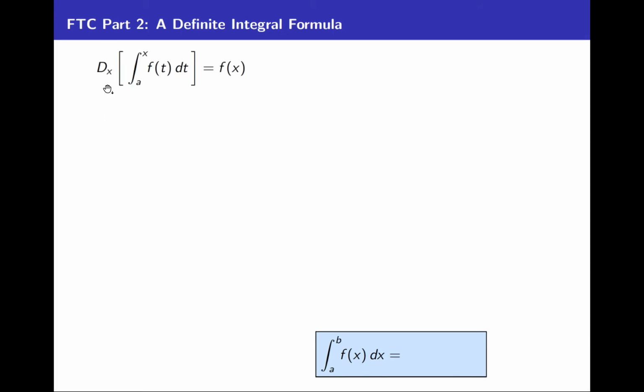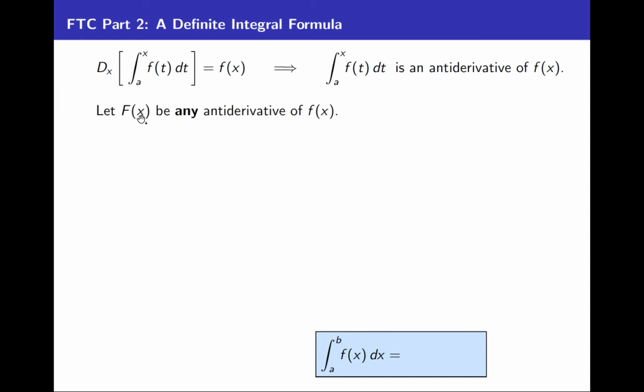To get it, we're going to start with the Fundamental Theorem of Calculus Part 1, which states that the derivative of the integral from a to x of f of t dt equals f of x. In particular, that means this integral is an antiderivative of f of x because its derivative equals f of x. Let's write that down. Now let big F of x be any antiderivative of little f of x, any antiderivative that you could find.